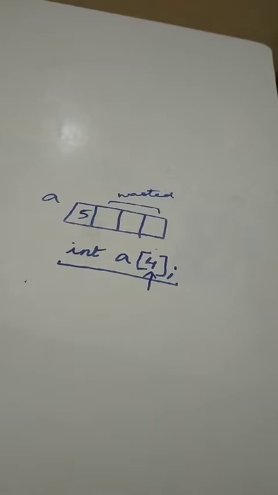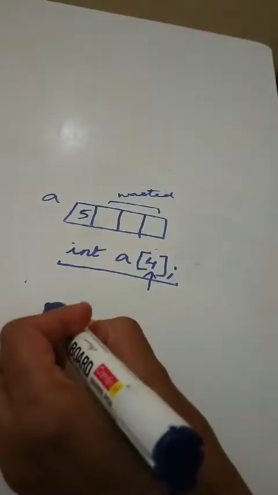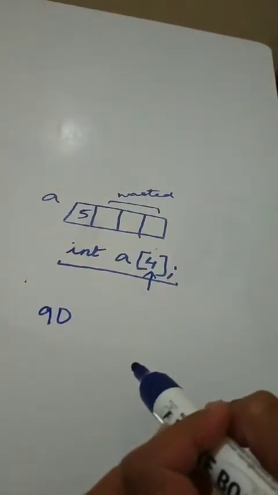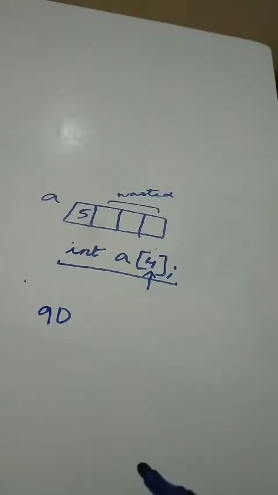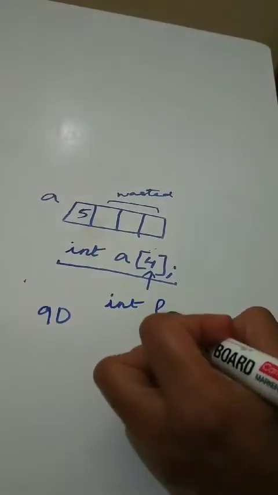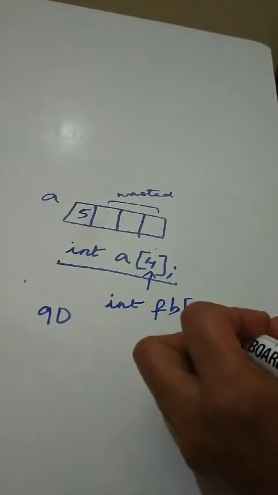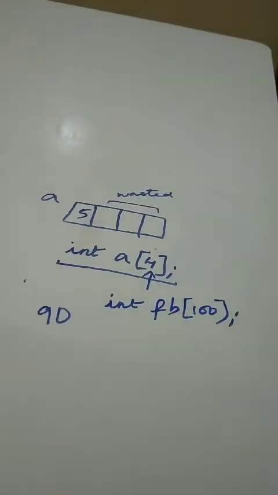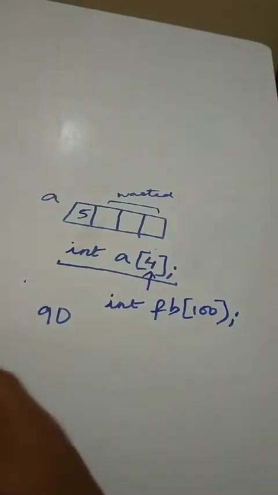Then if 10 students are giving feedback, 90 memory spaces are wasted, which I have reserved while creating the array feedback of size 100, assuming that 100 students will give me feedback. Okay, so these are some of the problems with regards to arrays.